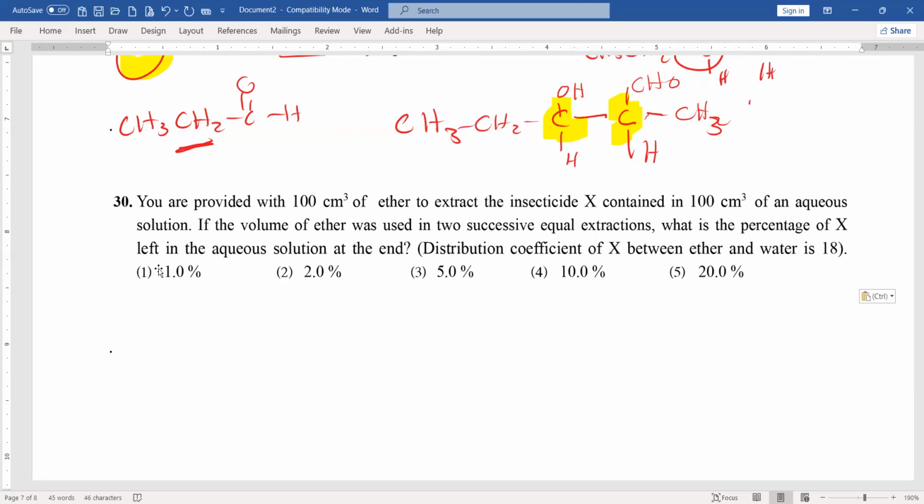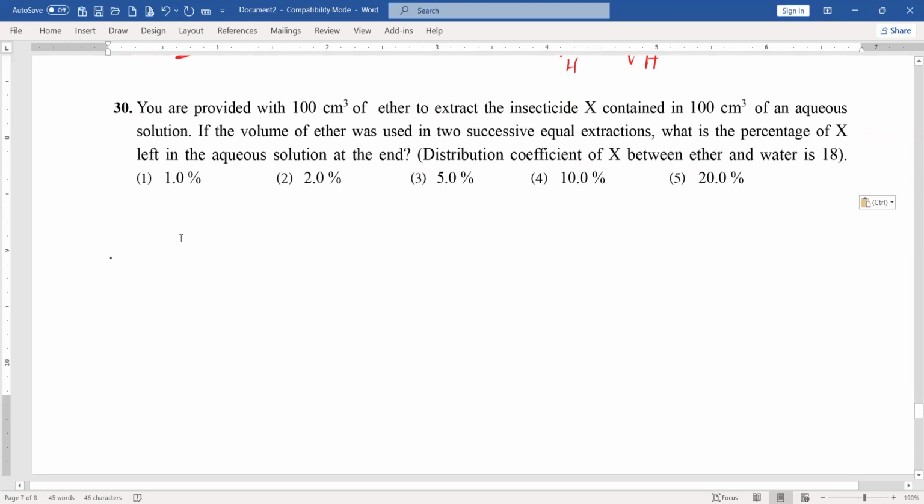The distribution coefficient is given as 18. Here, you are provided with 100 cubic centimeters of ether and water.